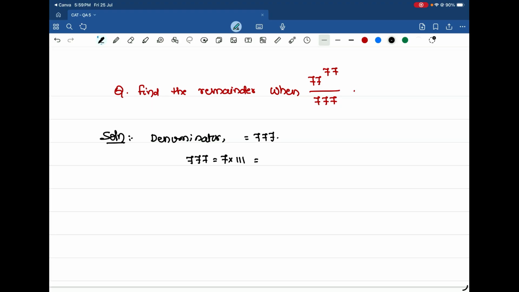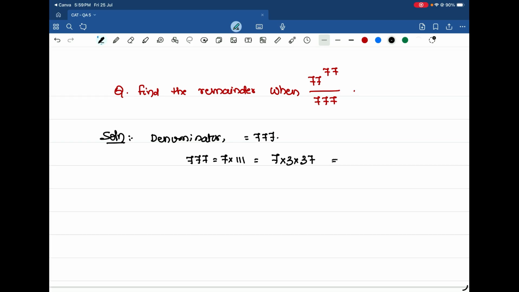111, when you divide it by 3, let us go from... it's an odd number, it's not an even number, cannot be divided by 2. The next odd number after 2 is 3. When you divide it by 3, 3 3s are 9, 3 7s are 21. That means this can be 7 into 3 into 37.